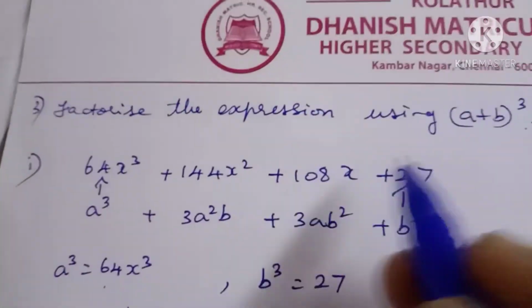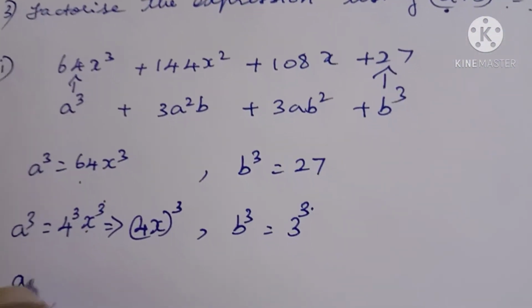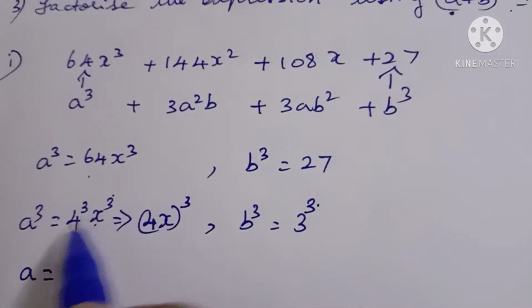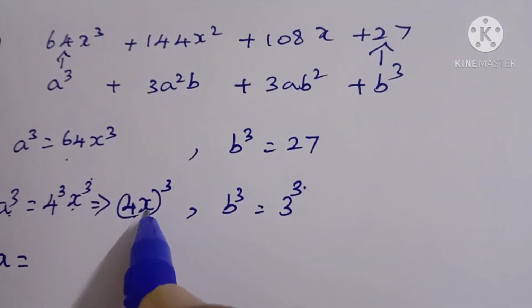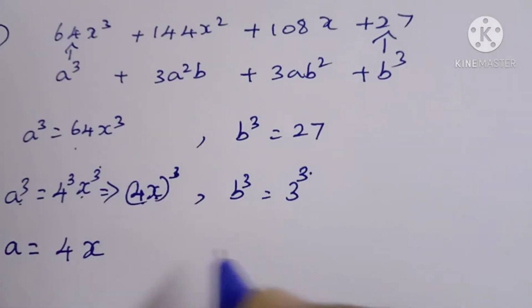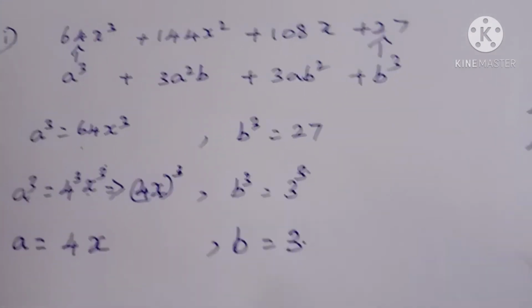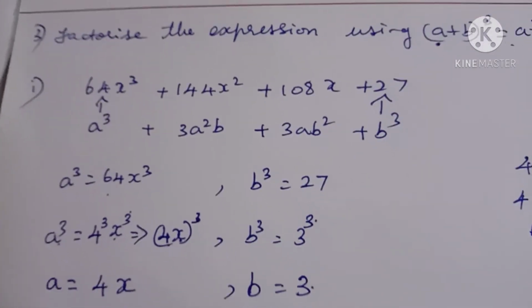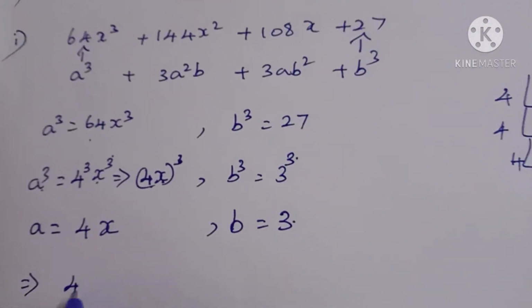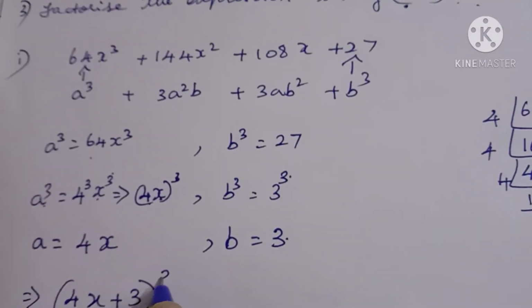Now you have to take the a value. If a cube is equal to 4x the whole power 3 means a is equal to 4x and b is equal to 3. Therefore, the factor is 4x plus 3 the whole cube.